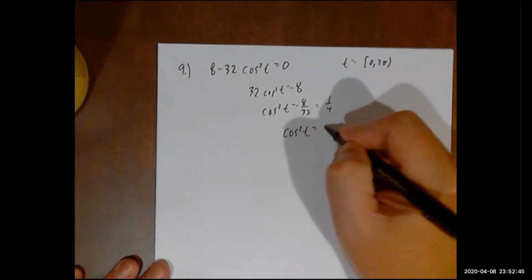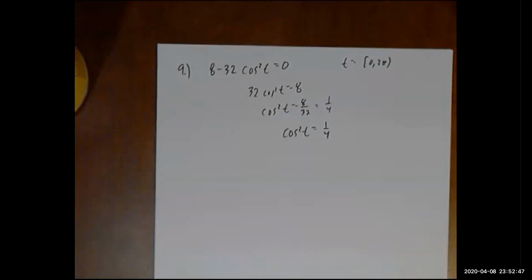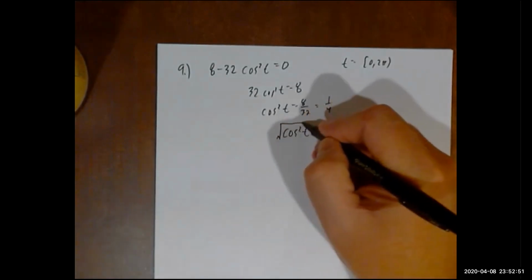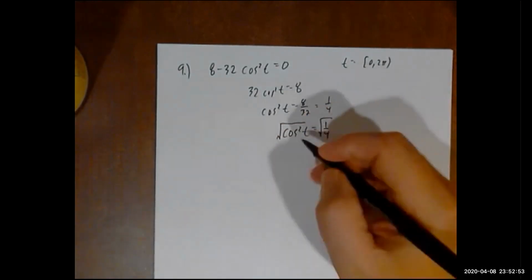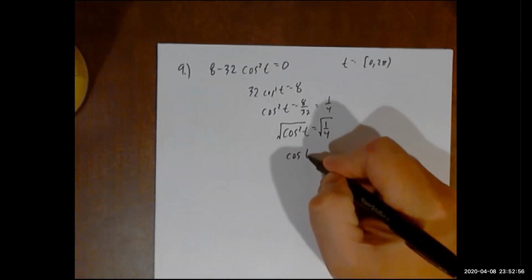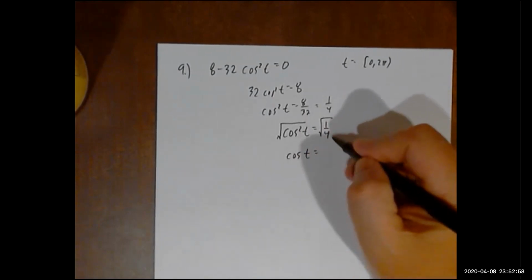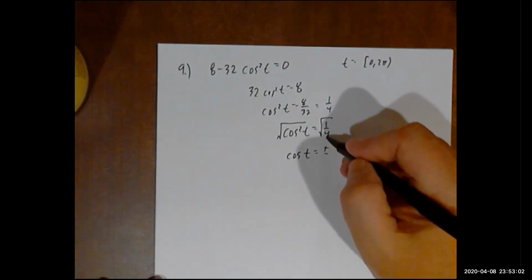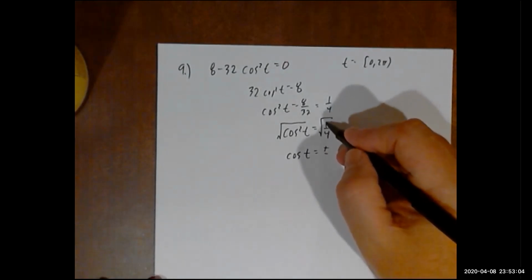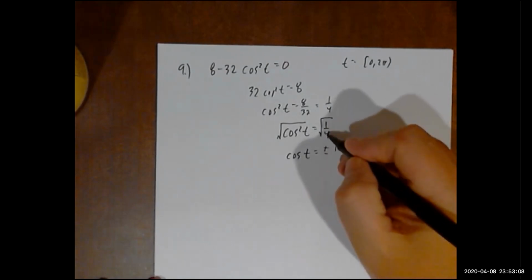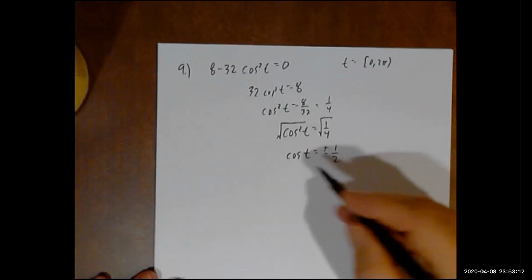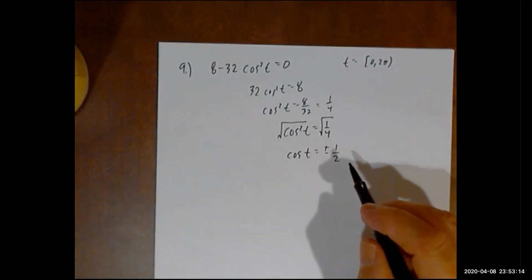So I've got cosine squared of t is 1/4. But I want cosine t, so what do I do? Square root of both sides. Now the first thing you realize is the square root of a number is plus or minus. When you have a square root of a fraction, you just take the square root of the top and the square root of the bottom. What's the square root of 1? It's just 1. What's the square root of 4? It's 2. So actually my solution is cosine of t is plus or minus 1/2.